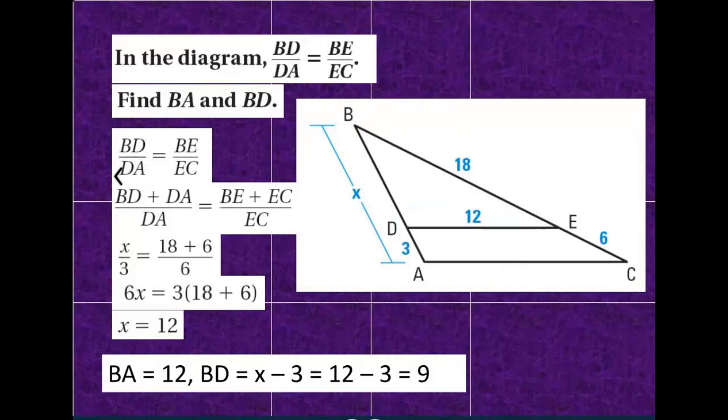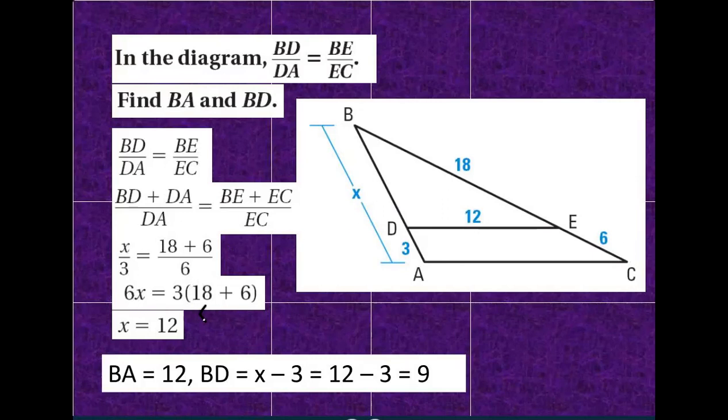Then add: BD plus DA over DA will be equal to BE plus EC over EC. Then we substitute: x over 3 equals 18 plus 6 over 6, because BD plus DA represents x.